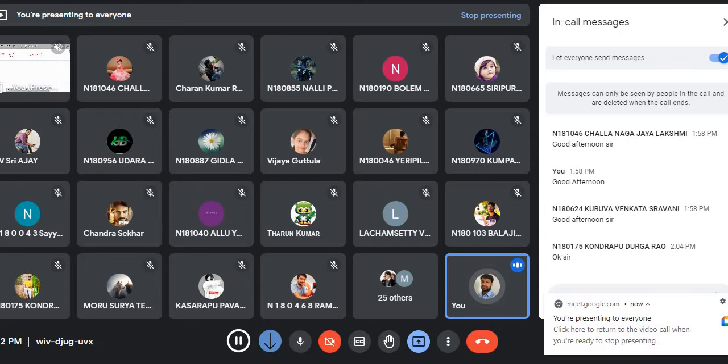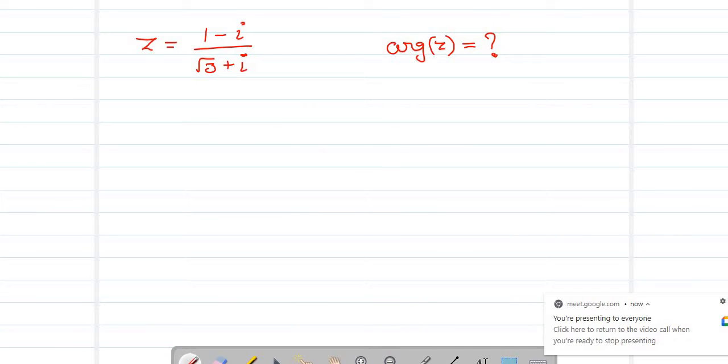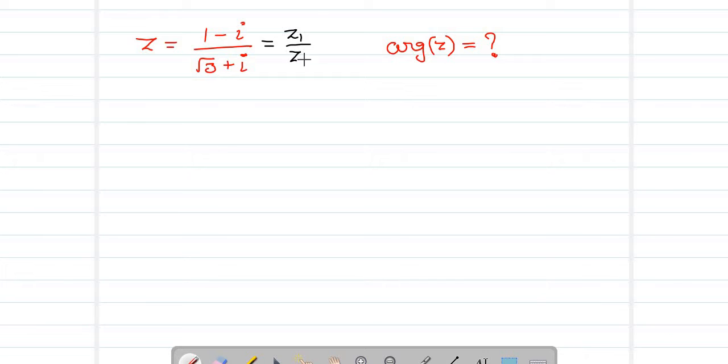Correct. But what is the argument of z1 and what is the argument of z2? So what you told is correct. First you find the argument for the numerator, where you can see this is looking like z1 by z2. So let me see the argument of z1, which is the argument of 1 minus i.